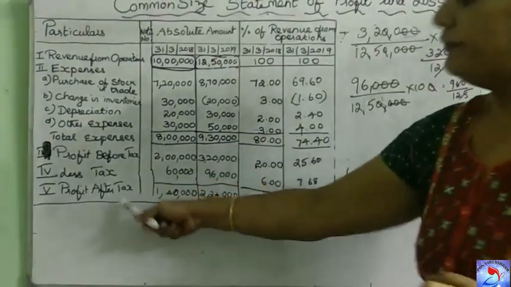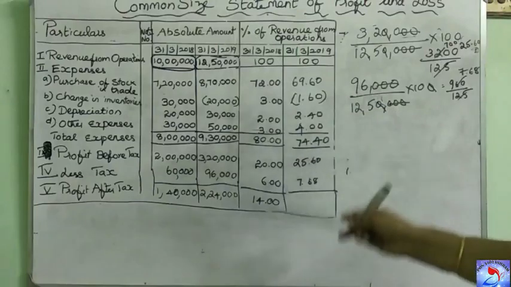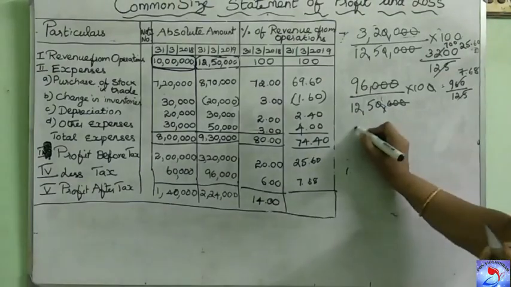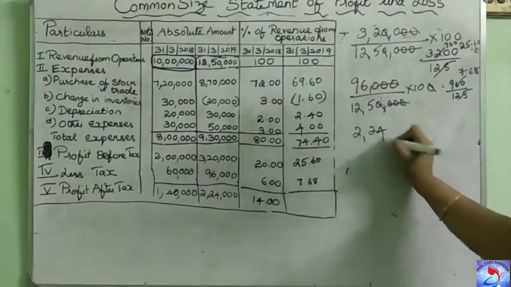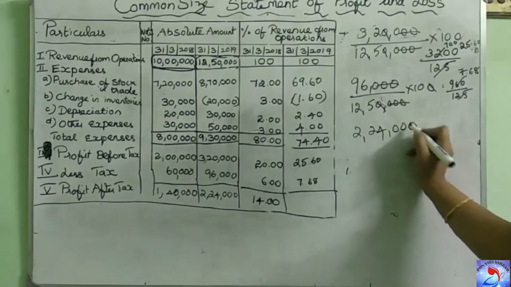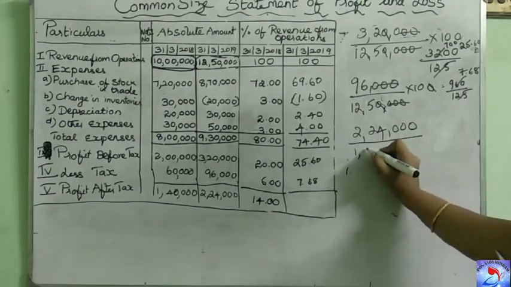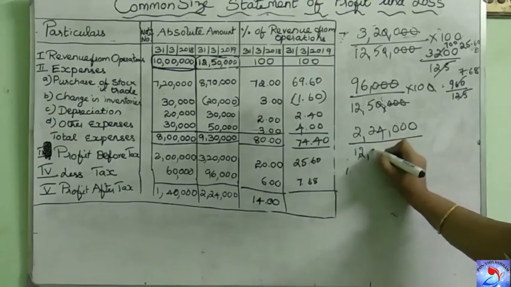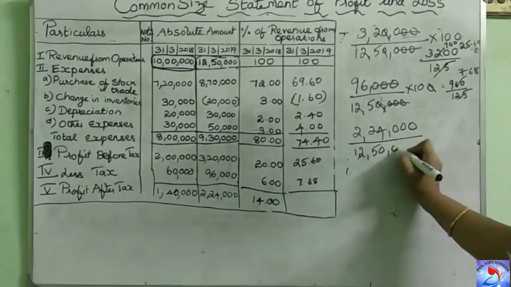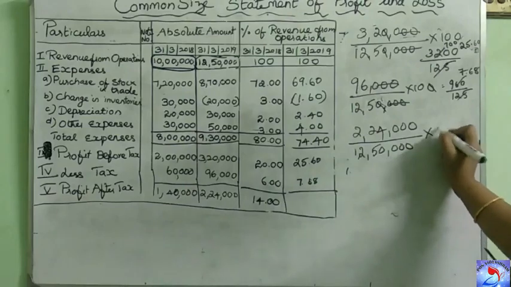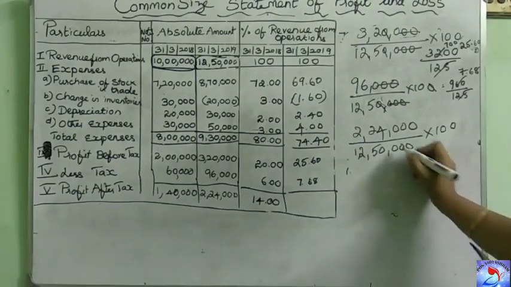Now profit after tax for 2019, the amount is 2,24,000. 2,24,000 divided by the base amount, that is 12,50,000 into 100.